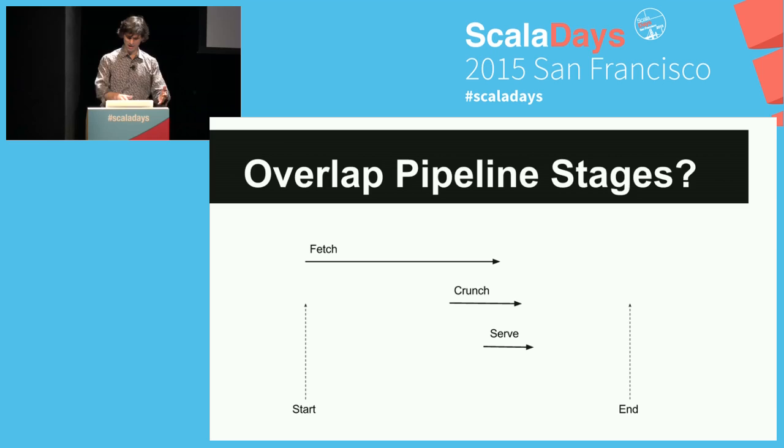If I could pipe-overlap those things a little bit, that might really help reduce my overall latency. Probably not my throughput in this case, but my overall latency. And I think that really is a good reason to go look at reactive streams. But I want to give you another one, perhaps not as often discussed.